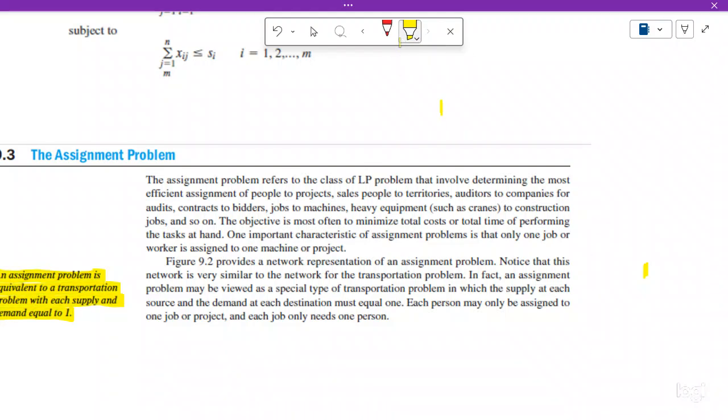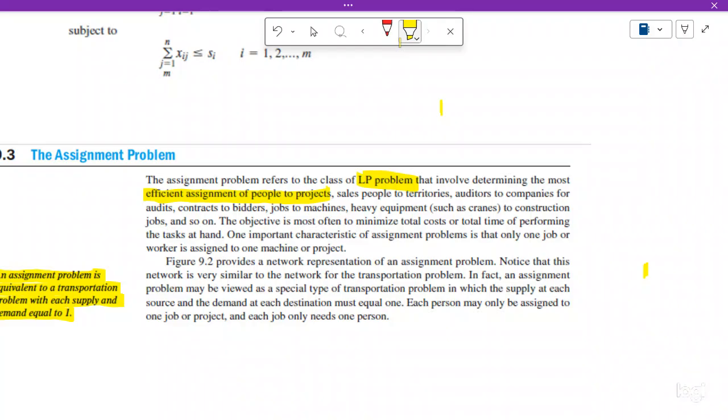It is still a linear programming problem that involves determining the most efficient assignment of people to projects, salespeople to territories, auditors to companies for audits, contracts to bidders, jobs to machines, heavy equipment such as cranes to construction jobs.